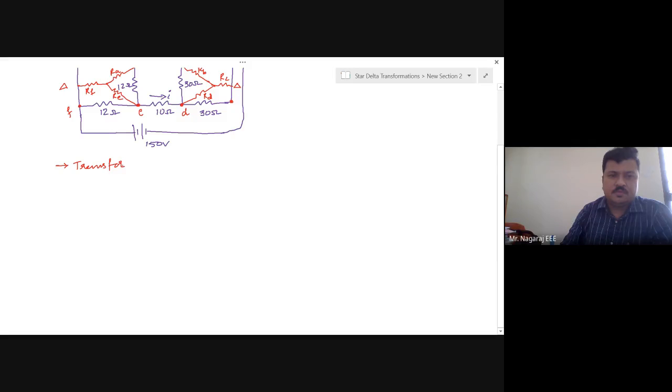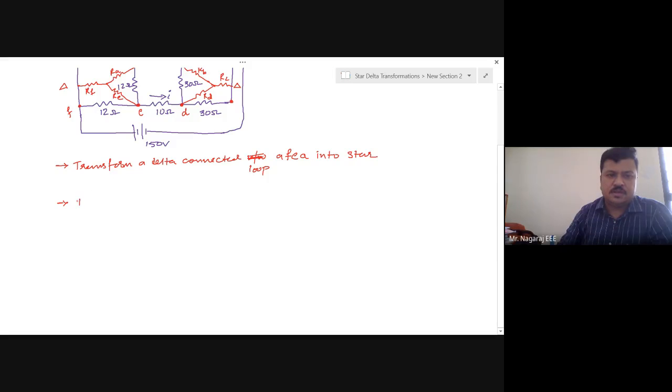Transform a delta connected network, it is A, F, E, A into star. Rather than network, I can call it a loop.